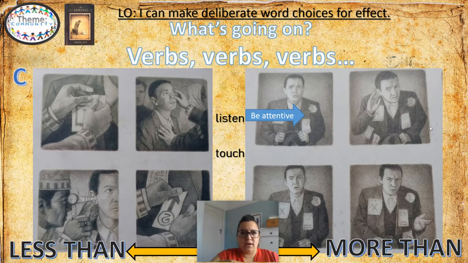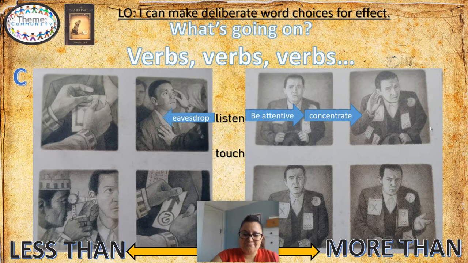I'm nodding, I'm agreeing, I'm not agreeing, but I'm taking in what's being said. More than being attentive, I'm concentrating. And we can see that type of listening really happening in the whole face. The eyes start to stare, the brow starts to furrow, and usually the head comes forward as well.